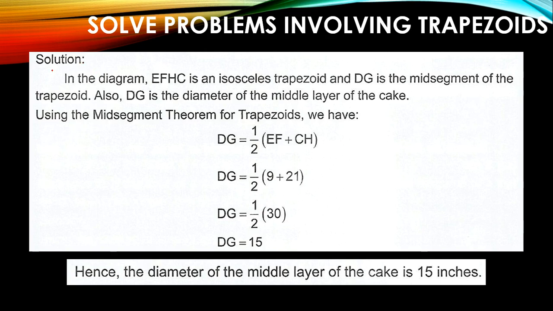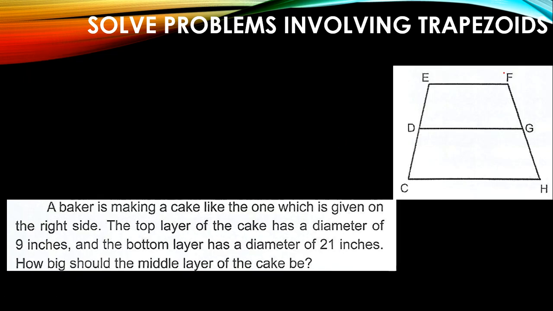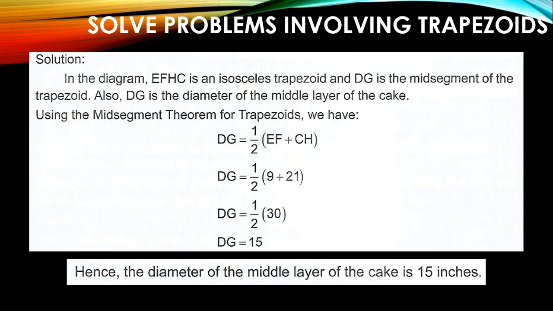Okay, so let's discuss the solution. In the diagram, EFHC is an isosceles trapezoid. So in the description of the solution, that is the isosceles trapezoid.